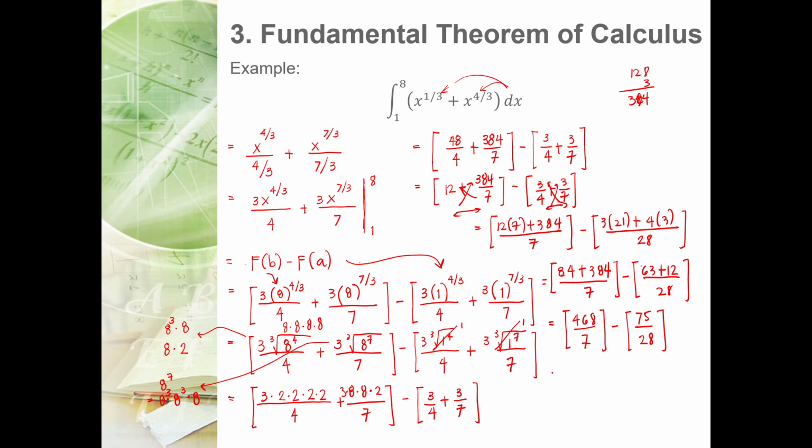Okay, so if we're going to add this up, since there's no space, I think you just continue this on your own. But the answer for this one is, you can try to get the LCD. I think the LCD is 28. So the final answer is 179 all over 28.